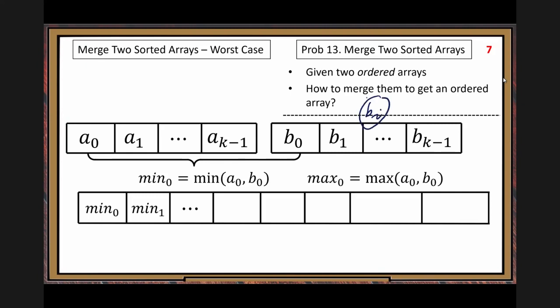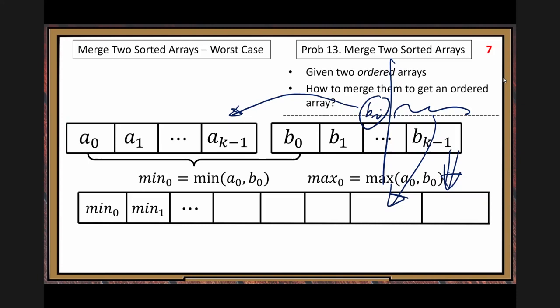If we compare it with the last one, and this Bi beats all the elements in the A subarray, that is, Bi beats A(k-1), then all the elements after Bi can be put in place without any more comparisons. We can just copy them into our destination array directly.